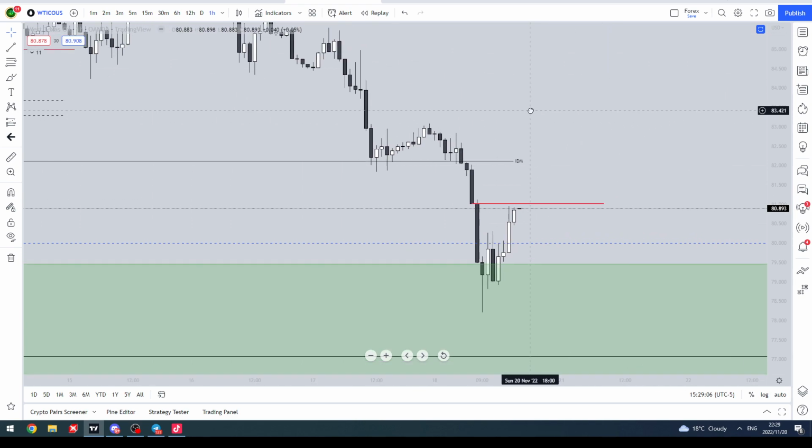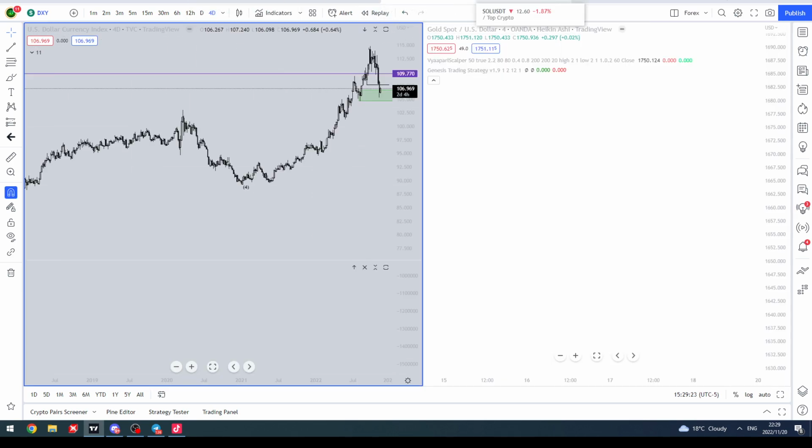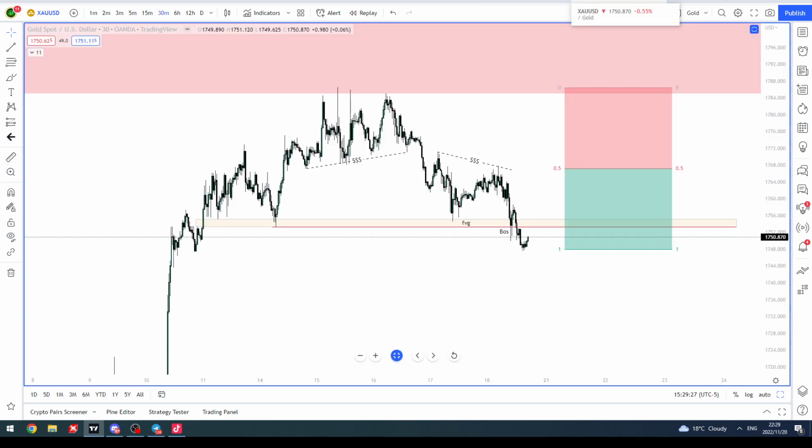Right, anything else you guys want to look at before we close shop here? We've gone through oil, we've gone through US30.